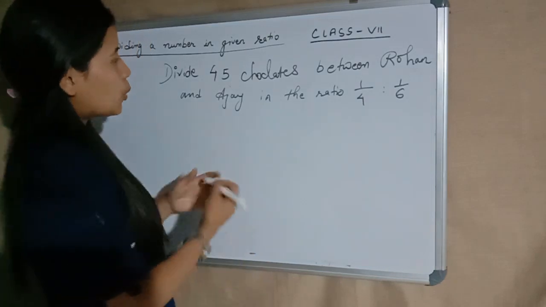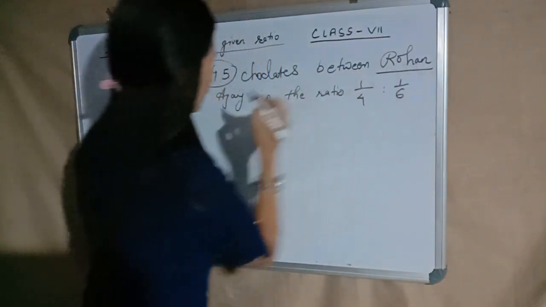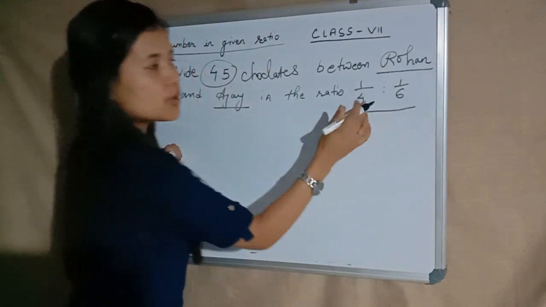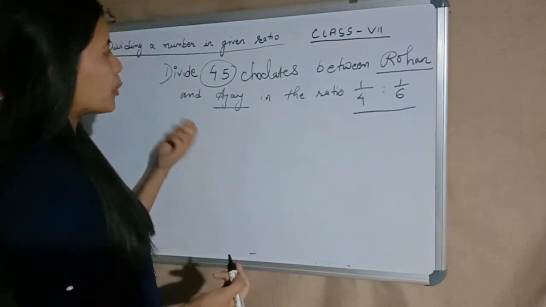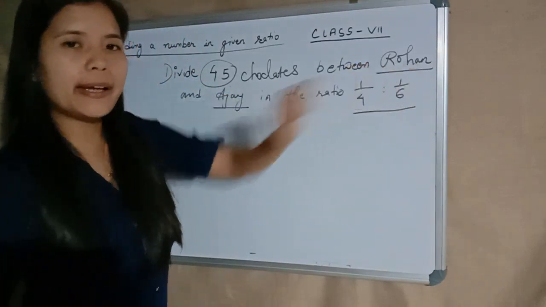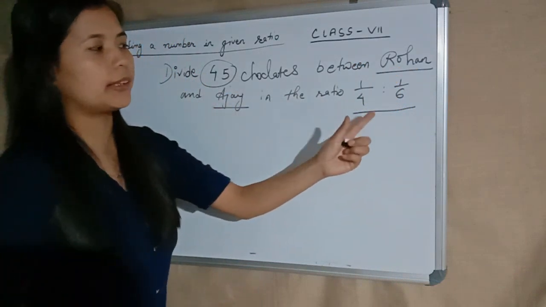Okay. So we have 45 chocolates. We want to divide it between Rohan and Ajay in the ratio 1 by 4 is to 1 by 6. Our problem here is to find out how many chocolates Rohan gets and how many chocolates Ajay gets, if we are distributing in this ratio.